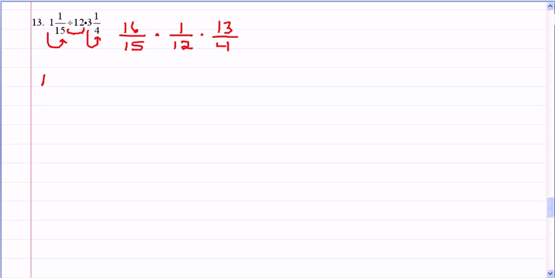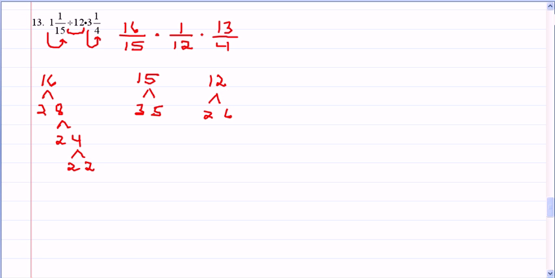And now I can write the prime factorization of each of these numbers that are composite. So 16 is 2 times 2 times 2 times 2. 15 is 3 times 5.